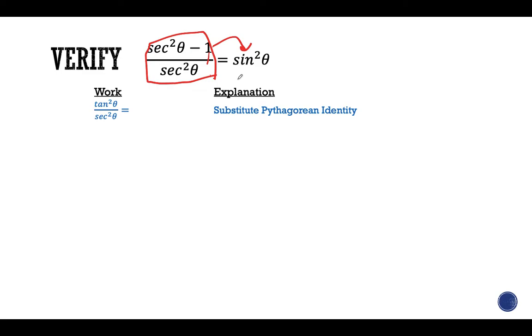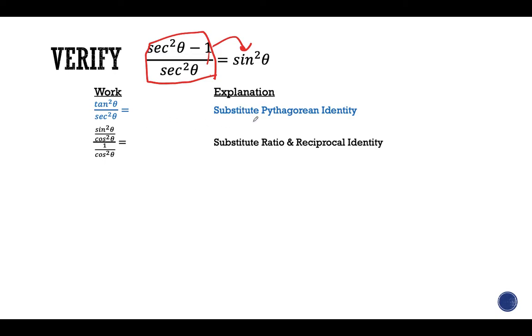So let's go ahead and use our ratio identity with tangent, knowing that that's going to change into sine squared over cosine squared. And let's use our reciprocal identity with a secant, okay? So if we do that, right, again, it looks like this really complicated fraction, right? And it might seem like we're making it more complicated than we are simplifying it to sine squared, but sometimes that's a part of the process, right?